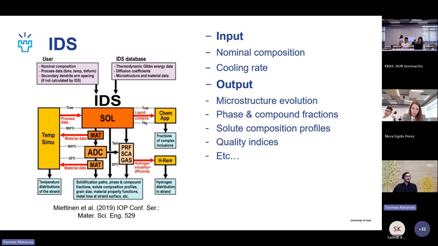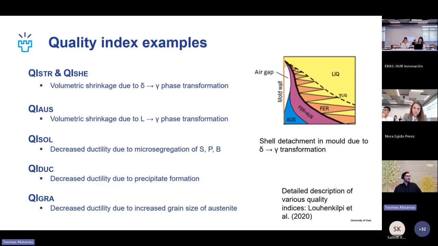So, for example, phase and compound fractions at any given temperature, and also solute composition profiles. So those can be used to track the microstructure evolution during the solidification and cooling, but also we get these kinds of quality indices that can be used for defect prediction and so on. So as an example of these quality indices, there are different kinds of indices that are related to the volumetric shrinkage of the material during cooling.